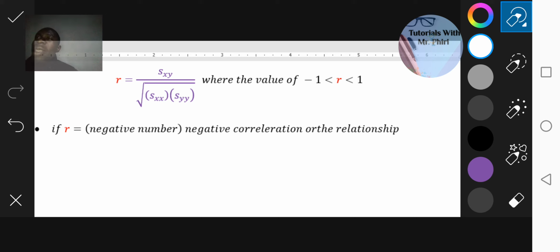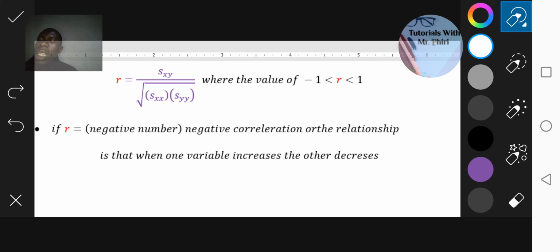If you study a lot, you will fail. So we would say the relationship between the two has a negative correlation. You study a lot, you fail. You study a little, you pass. So that is a negative relationship. That's how you interpret when you get a negative number. We say there is a negative correlation.